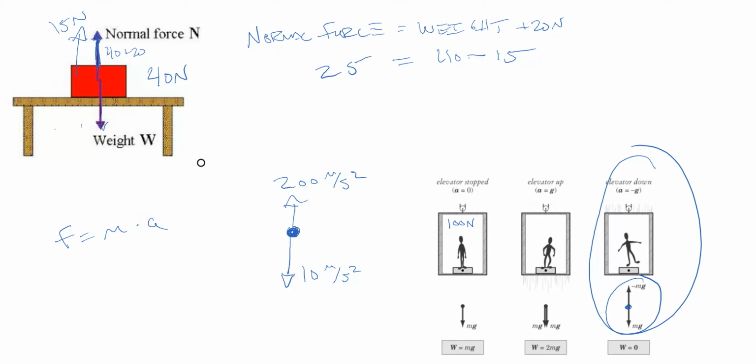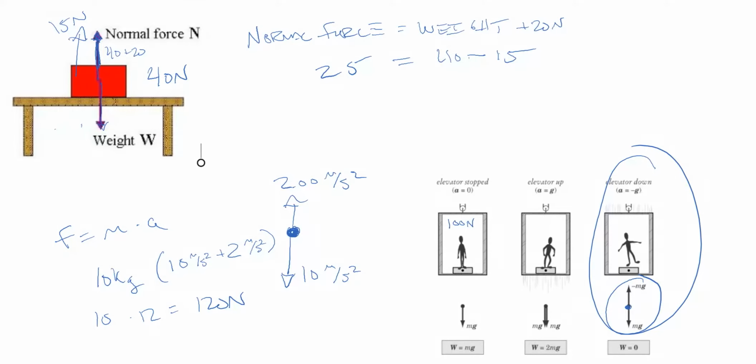We said since he weighs 100 newtons that he has a mass of 10 kilograms. And here I would take my 10 meters per second squared and add 2 meters per second squared. So 10 times 12 equals 120 newtons. So in this case, the scale will read 120 newtons.